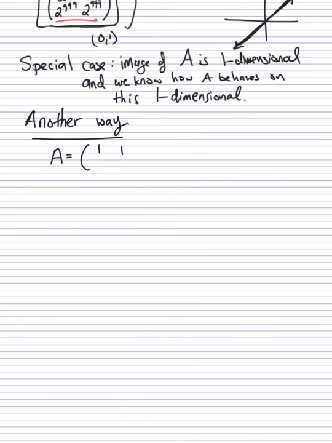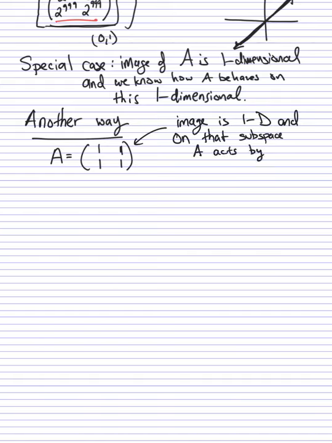So I'll write this as [[1,1],[1,1]]. Notice the image is one-dimensional, and on that subspace, A acts by multiplication by 2.